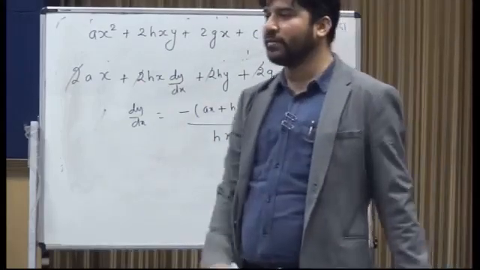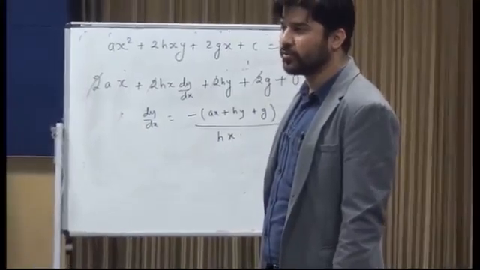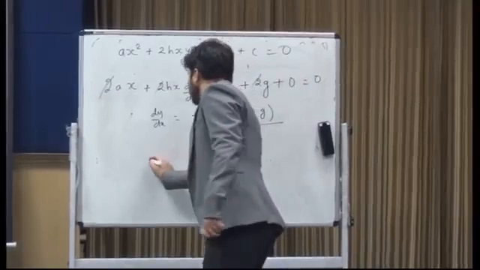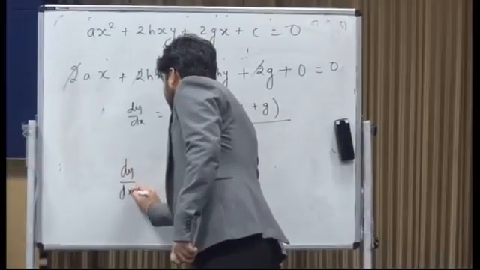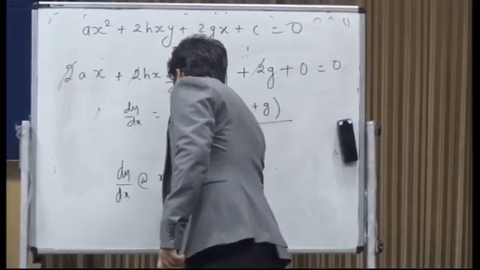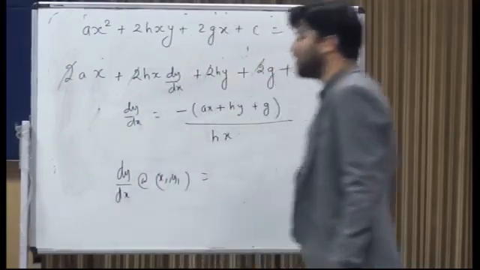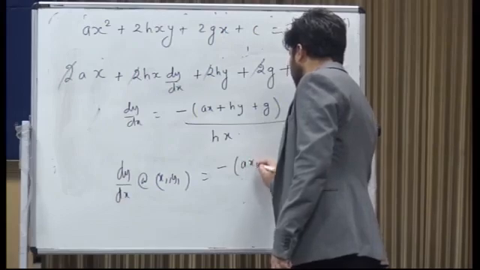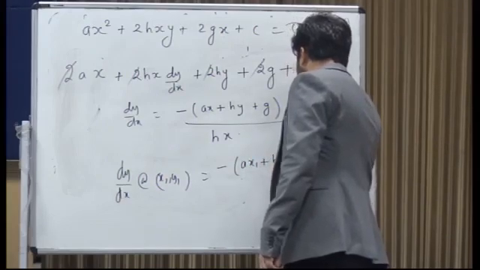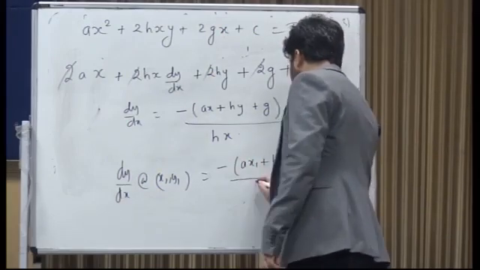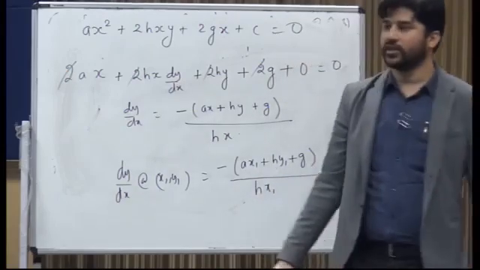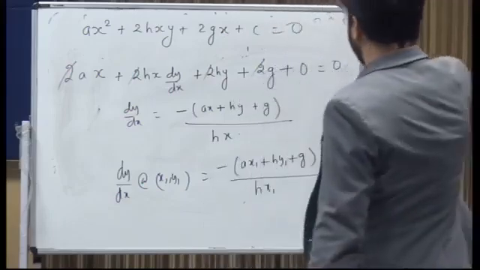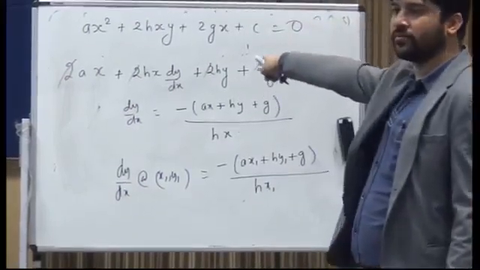This is the dy by dx expression, but this is not the slope. हमें स्लोप तो (x1, y1) पे निकालना है. So slope, dy by dx at (x1, y1) क्या होगा? x और y को मुझे किससे रिप्लेस करना होगा? x1, y1. तो क्या हो गया? माइनस (ax1 प्लस hy1 प्लस g) अपॉन (hx1 प्लस f), राइट?